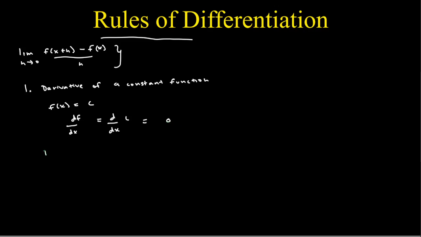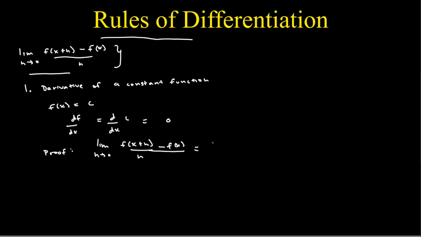And the proof of that is pretty simple. For all the proofs of derivatives, we just use this equation. It's really not too difficult, but knowing how to prove it once is probably helpful in seeing where we got these equations from. So we know the limit as h tends to 0 of f of x plus h minus f of x, divided by h, gives us the derivative of a function.